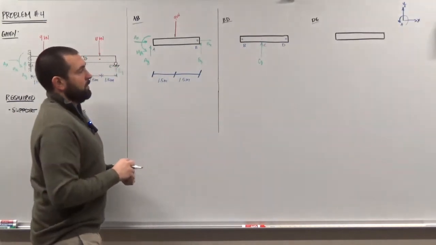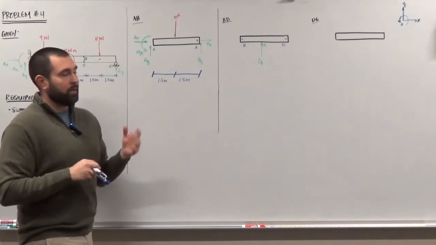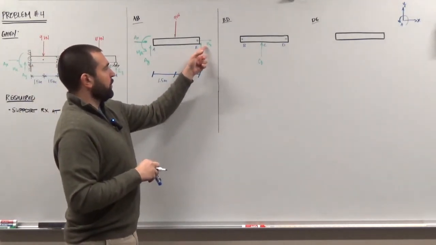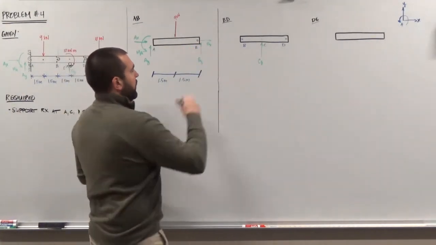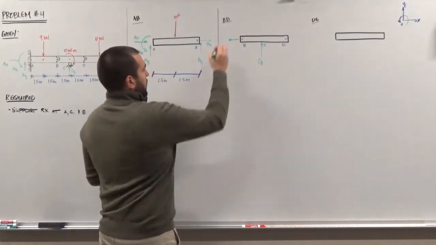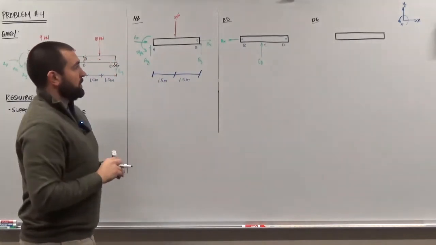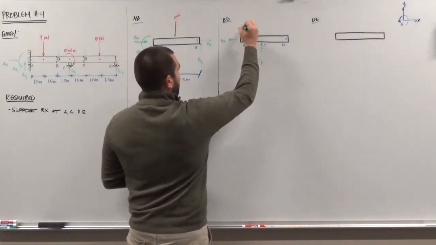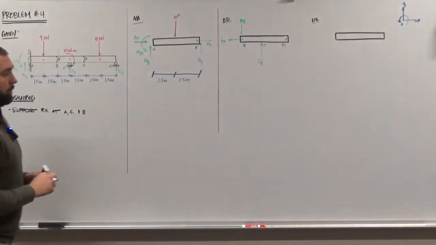And again, this is one of Newton's physical laws, equal and opposite reactions. So here, Bx is pointed to the right on this free body diagram, so here it has to be pointed to the left. And that's still going to be Bx, it's just opposite in direction. Likewise, in terms of By, I just have to draw it in the opposite direction.